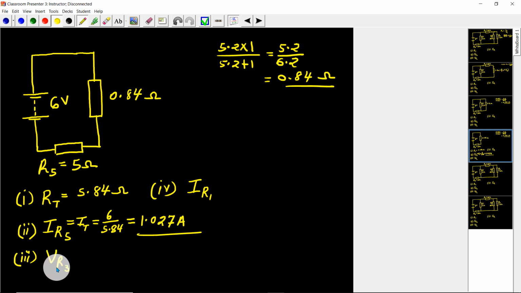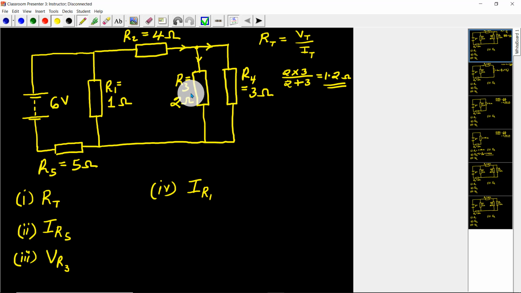And then the next part is to get the voltage across R3. If we move back to the circuit that we had over here, I need the voltage across the 2 ohm resistor. There are two ways of working it out.